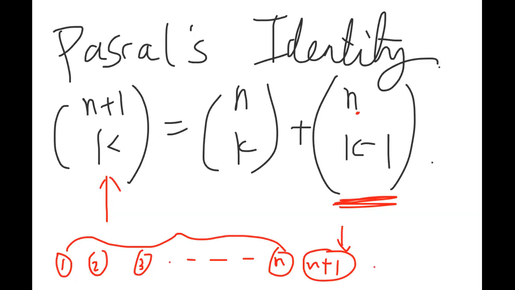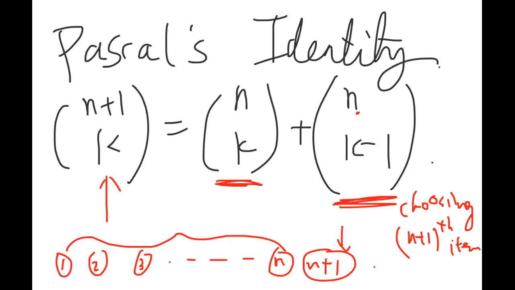This is choosing the n plus 1 item. Another scenario is that you don't choose the last item.